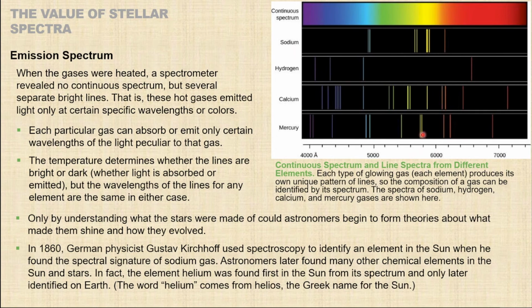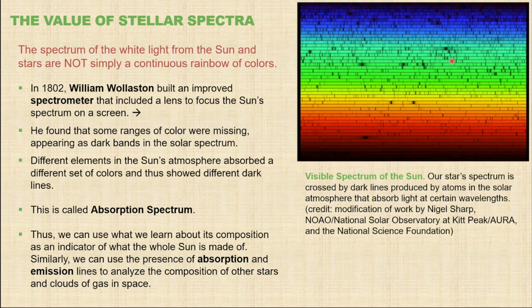Okay, just two things to point out here. The temperature determines whether the lines are bright or dark. Meaning, this one here, the absorption spectrum, means the temperature is cooler. When the radiation from the hot sun surface goes outside, it gets colder compared to the surface. So the radiation has to go through a cooler temperature.